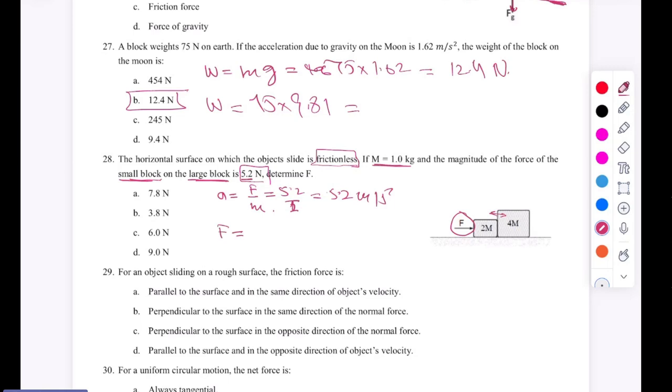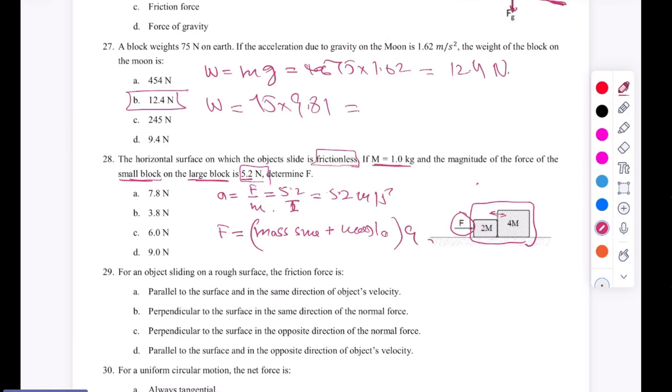The total net force is the sum of the two masses, mass of small plus mass of large, times the acceleration.